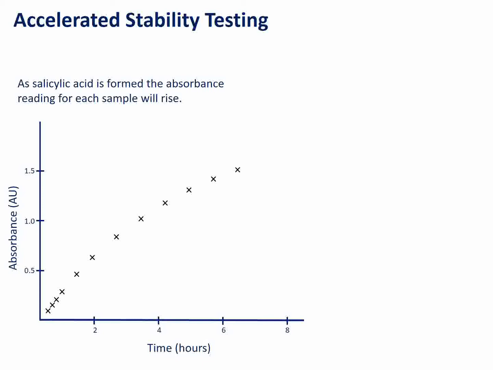So the black crosses on this graph indicate the absorbance value after a particular time after which the sample is taken. So of course, remember, at the moment we don't really have proper units for the concentration of salicylic acid that we're detecting. We just have these arbitrary units from the UV spectrophotometer.